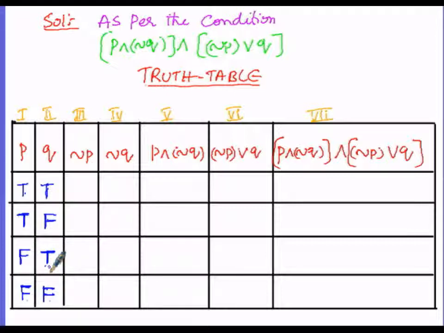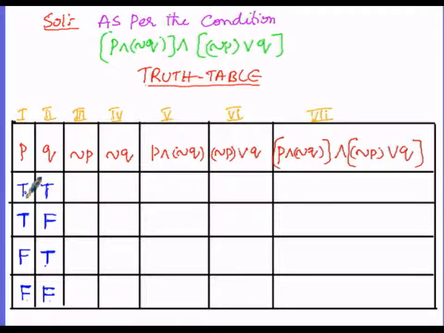Now we have to find the negation of P in the third column, because we need it in the compound statement. In the first row, the truth value of the first statement P is true, but we have to find the negation of P. Negation indicates not P. If P is true, then the negation of P will be not true.